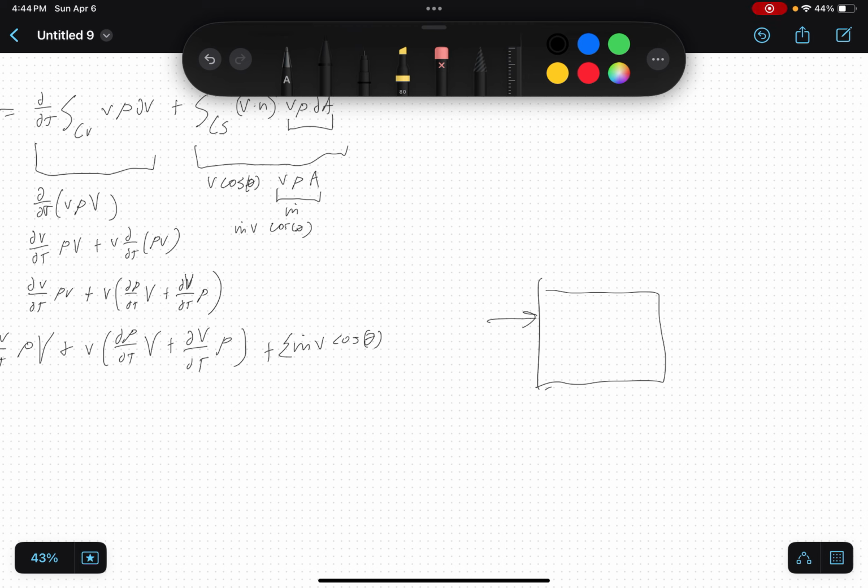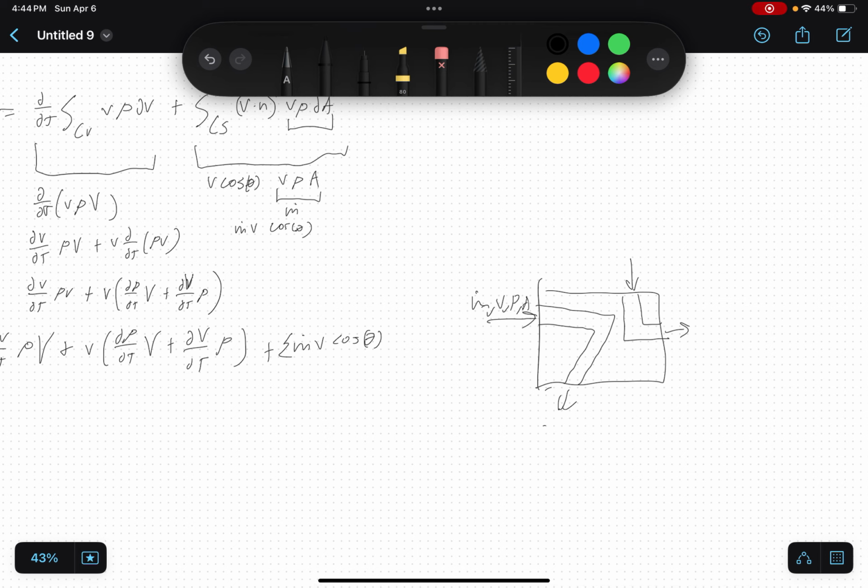Shooting it in there, it's going through a channel, then being shot out down there. Likewise, you're shooting in water here, going through a channel and being shot out here. And let's say this has an m dot, a v, pressure, and area. And same here, and same here, and same here.